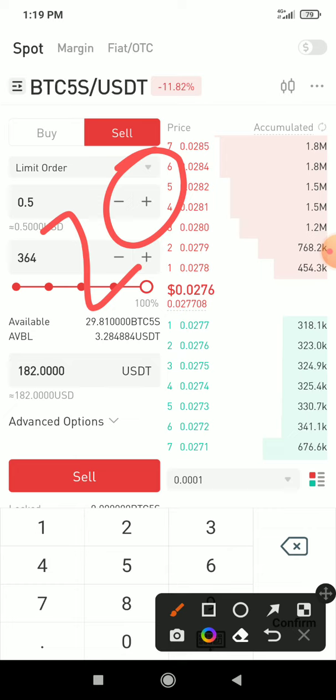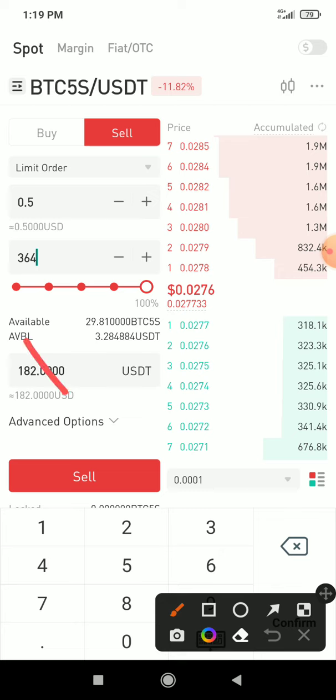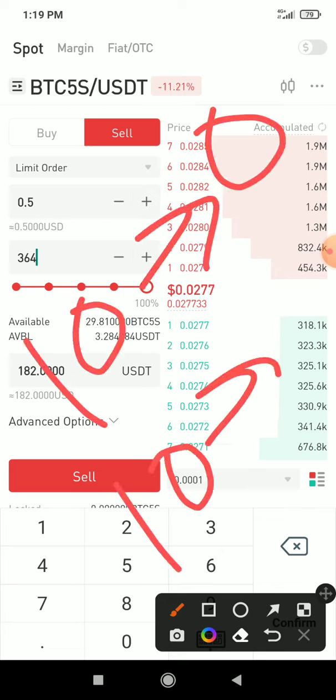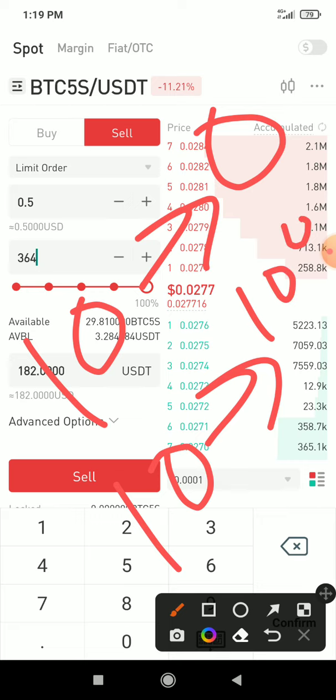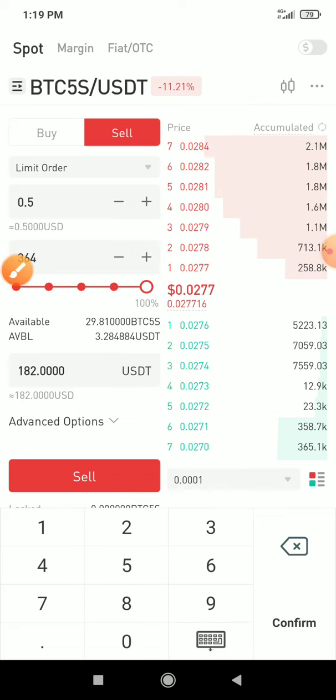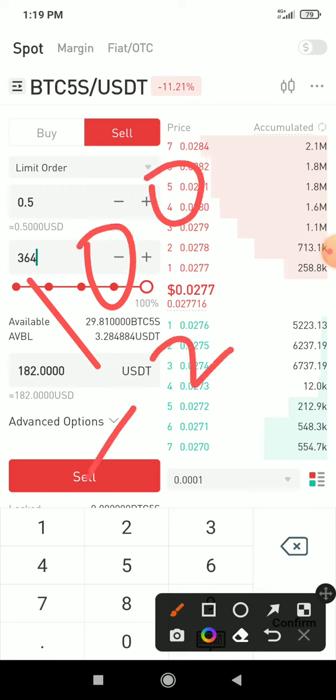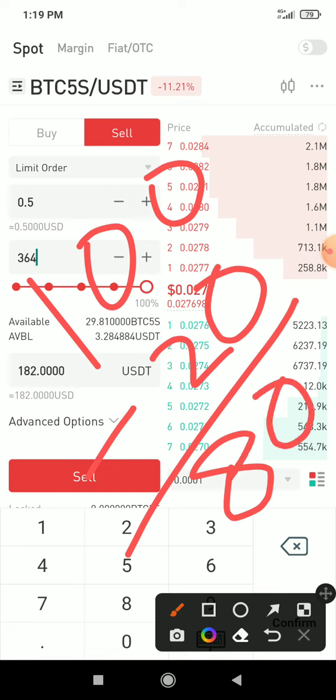If one side, short or long, goes to 0 and the other side goes to 100, then 100 minus 20, our cost price is 80. Then we have 80 USDT as the profit.